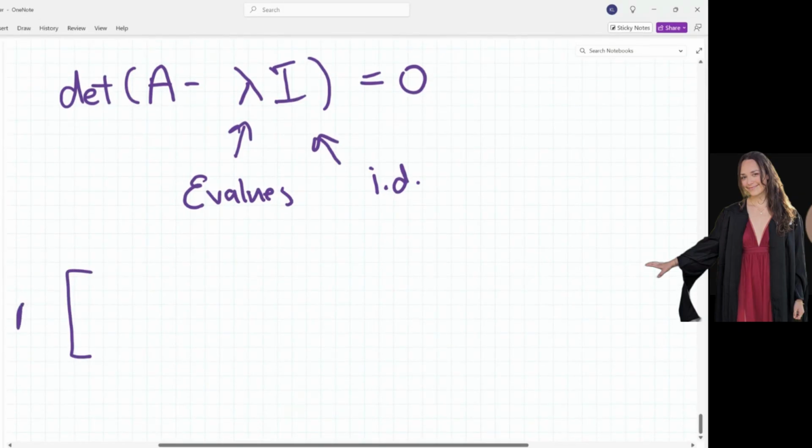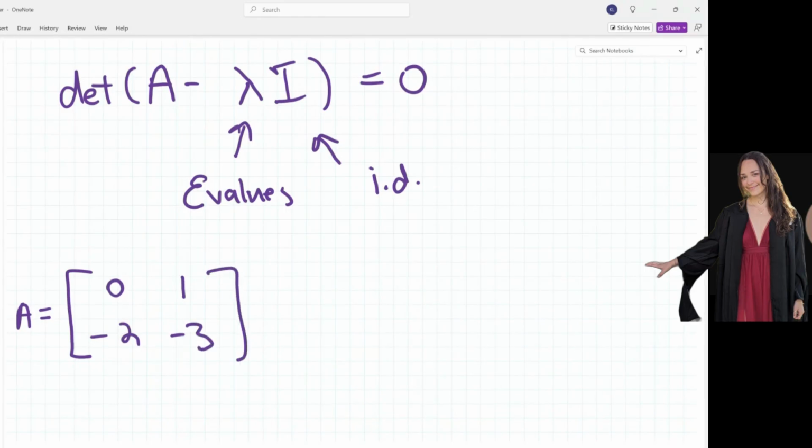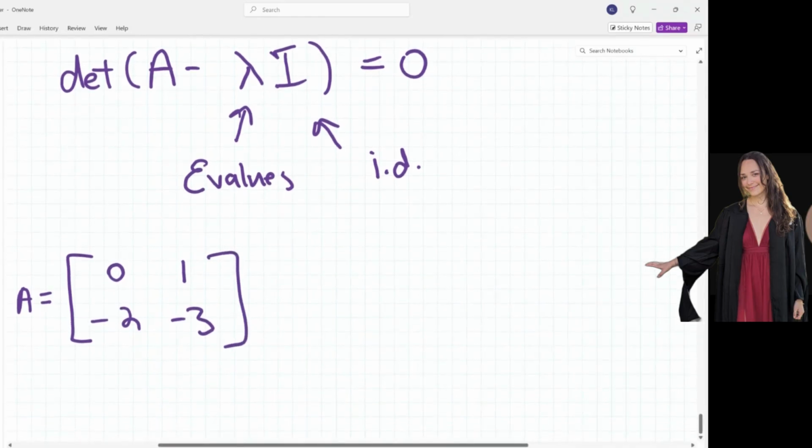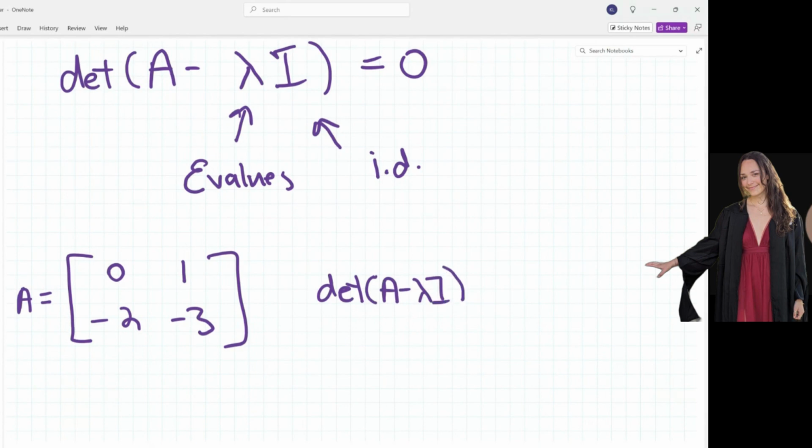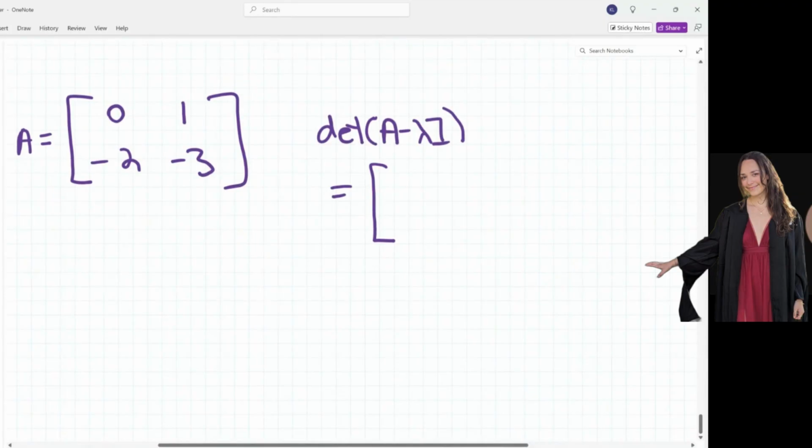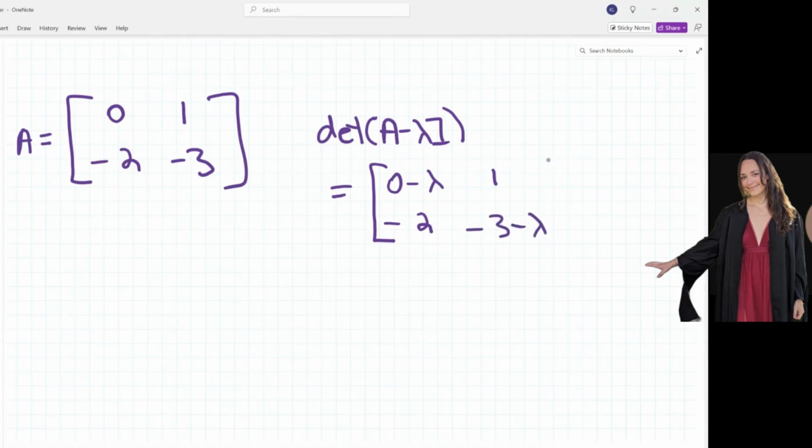So consider our matrix A equals [0, 1; -2, -3]. Now we're going to set it up. We're going to take the determinant of A minus lambda I. This equals, and we'll only affect the values along the diagonal: 0 minus lambda, 1, -2, and then -3 minus lambda.